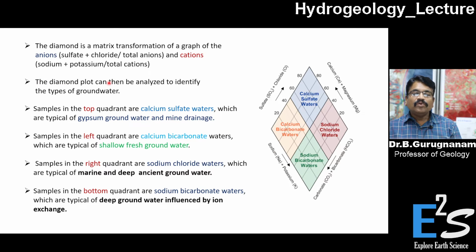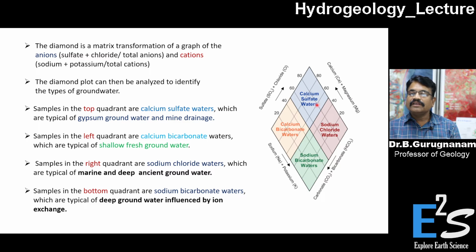A diamond plot can then be analyzed to identify the type of water. The top quadrant is divided by taking 50% of sodium chloride concentration and 50% of calcium magnesium concentration. You have to divide equally and then you will be able to construct the top quadrant.